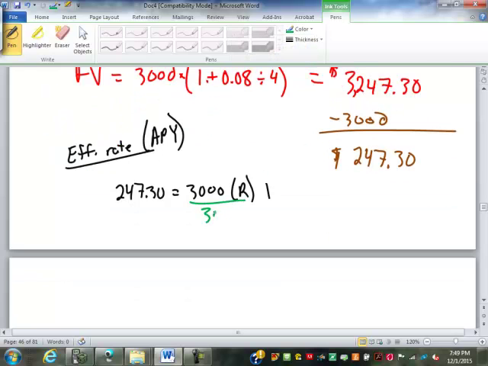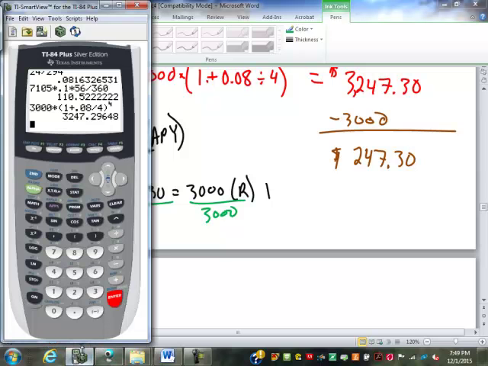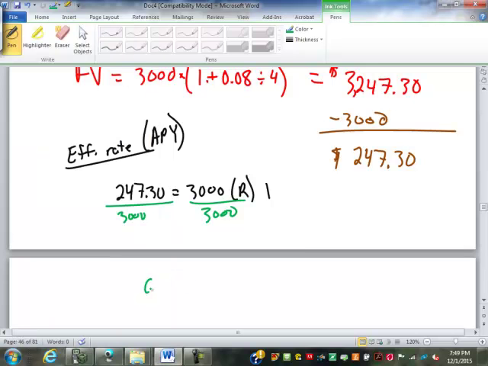I'm just going to divide by 3,000. 247.3 divided by 3,000 is 0.08243. That's the rate. That's 8.24% is my effective rate. Make sense?